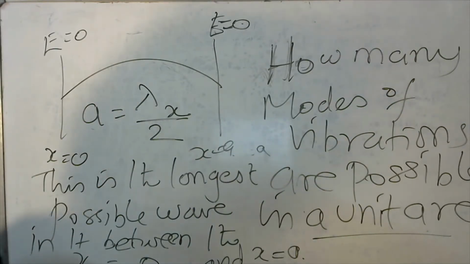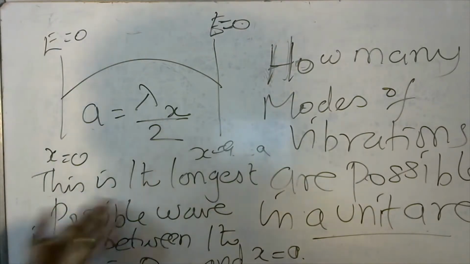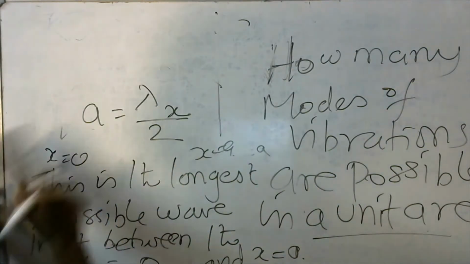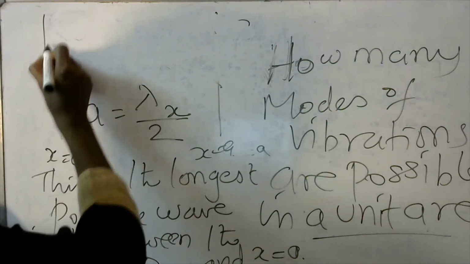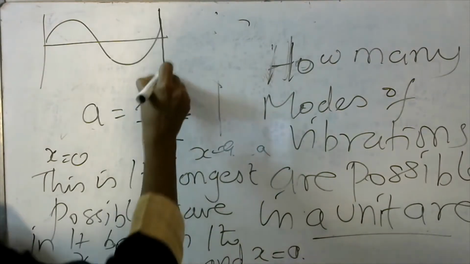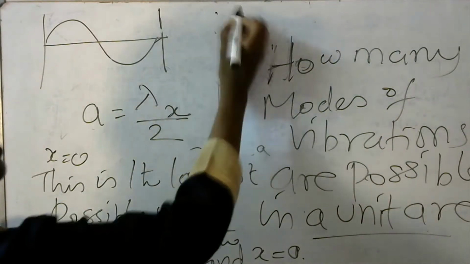What is the next possible wave? The next possible wave can be like this. This I can write as a.